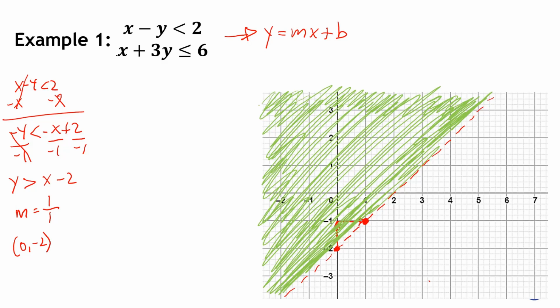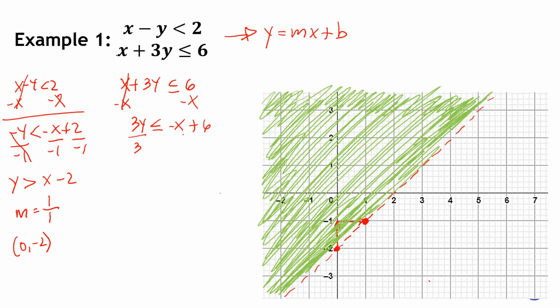Okay, next. Let's have the second inequality. We have x plus 3y is less than or equal to 6. And the objective is to transform that into y equals mx plus b. So I will subtract x on both sides. This will be 3y is less than or equal to negative x plus 6.